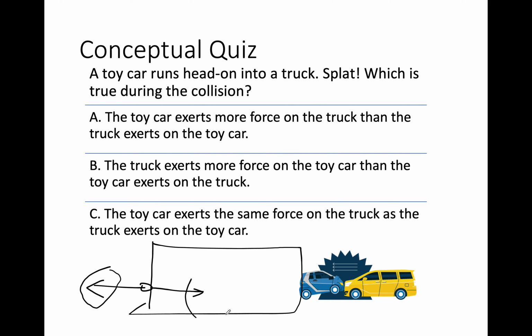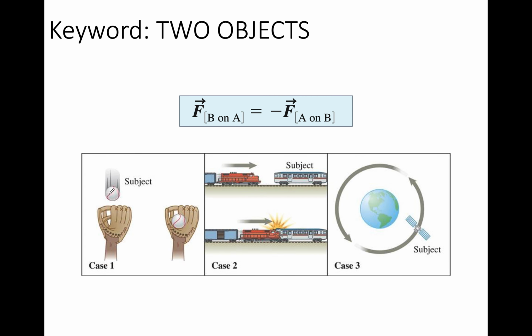These two forces form an action-reaction pair, so they have to follow Newton's third law, equal magnitude, opposite direction. So the correct answer is C. The toy car exerts the same force on the truck as the truck exerts on the toy car.